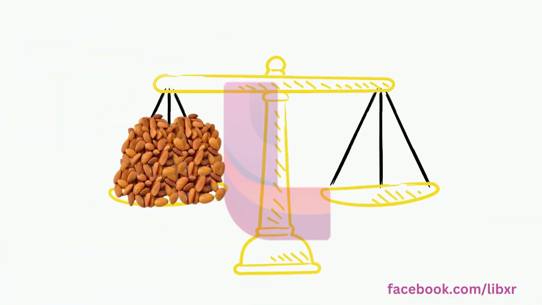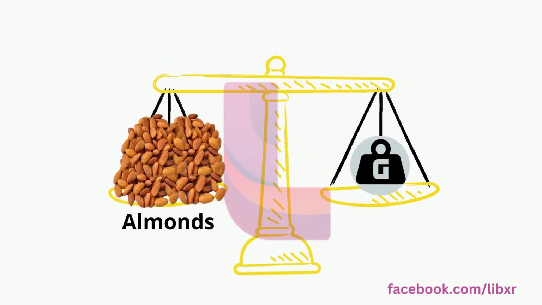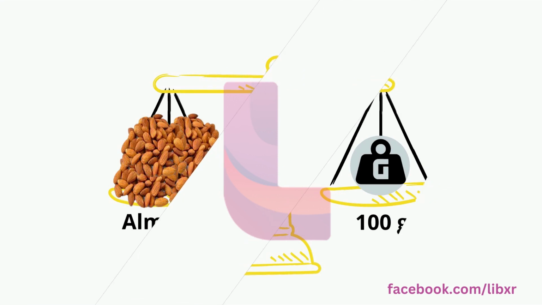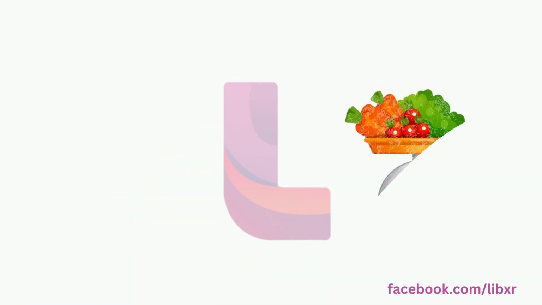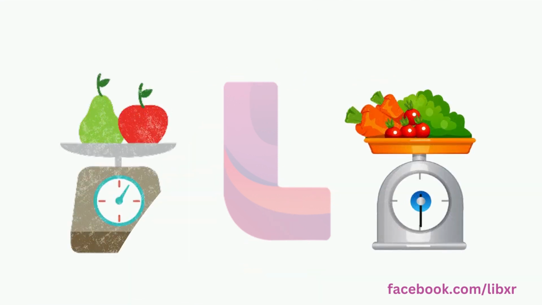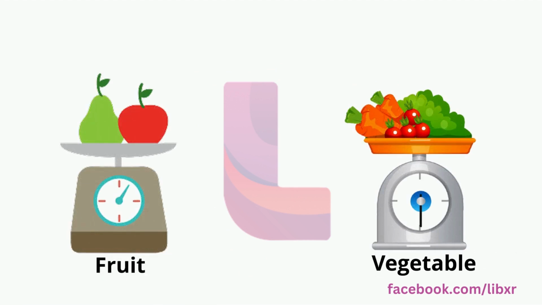You may have seen vegetable and fruit sellers put the vegetable or fruit that is to be weighed in one pan of the weighing scale and some rock or piece of metal that is equal to 1 gram or kilogram. These rocks and pieces of metal are used to compare the weight of the object.